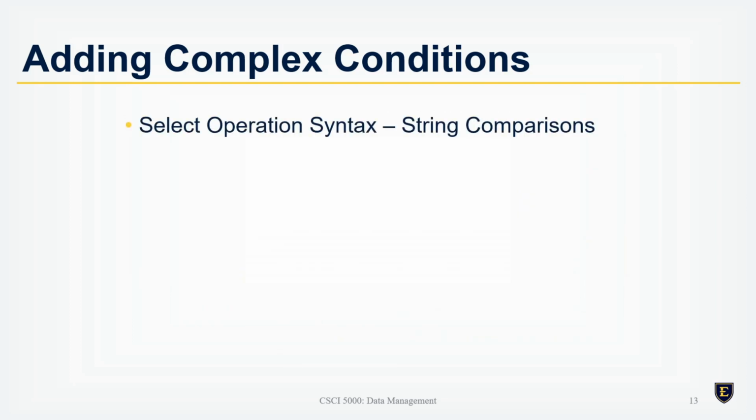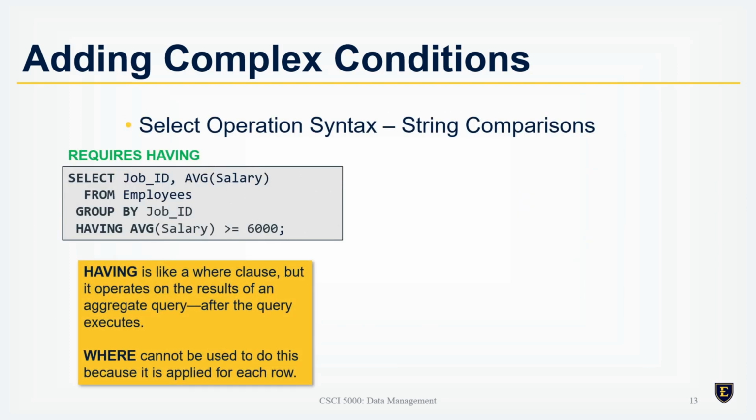Taking another look at this, if we wanted the display to show where the average salary is greater than or equal to 6,000, we cannot do that with a where clause. The reason is that having is kind of like a where clause, but having operates on the results of an aggregate query after that query has executed.